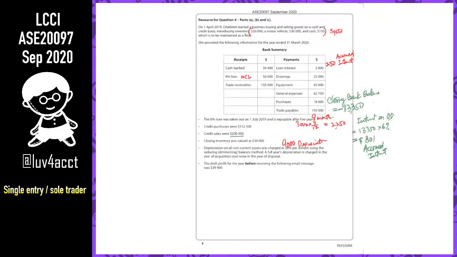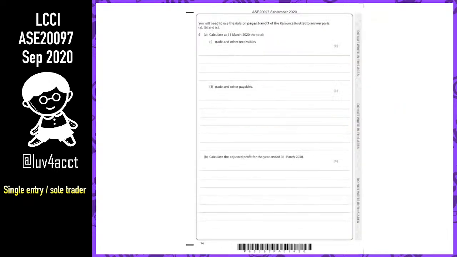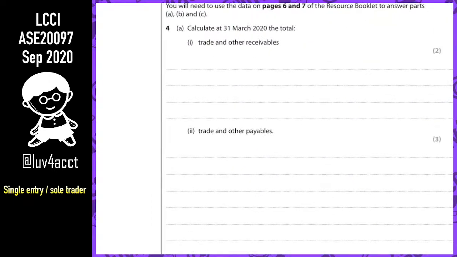So credit sales of 200,000, and 158,000 being the receipt. This is the closing balance before the irrecoverable debts are written off.